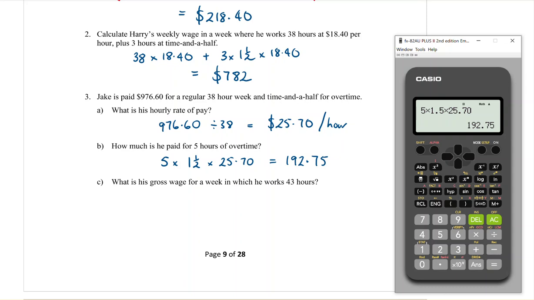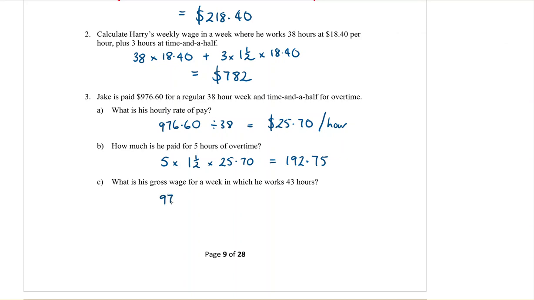What is his gross pay? So if he works 43 hours, remember that 38 hours was his normal weekly pay, wasn't it? And we've just done 5 hours of overtime. 38 plus 5, that does make 43, doesn't it? So the 38 hours of normal pay and the 5 hours of overtime. So all I need to do is add together the $976.60.